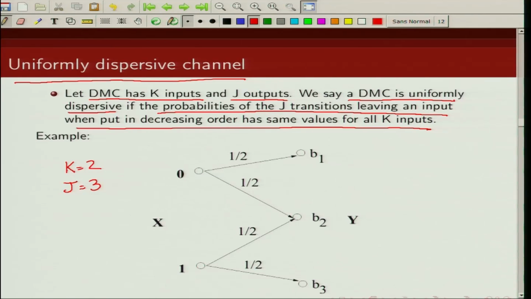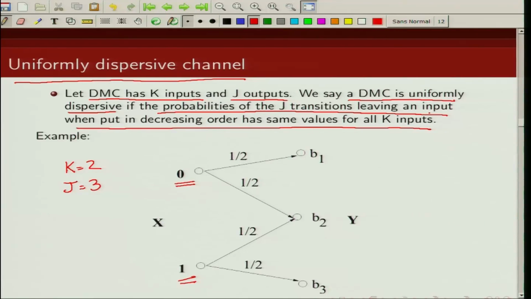So, what does it mean? We look at each of these k inputs and we write the transition probabilities leaving that particular input. For example, take this input 0. What are the three transition probabilities? This is half, this is half, and this is 0.